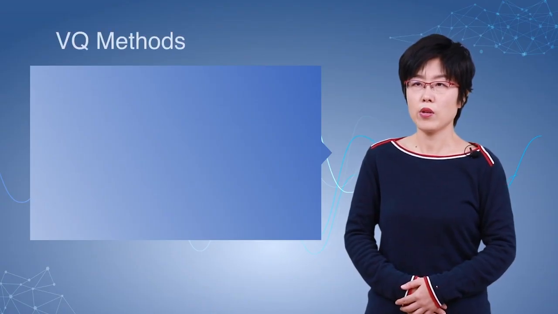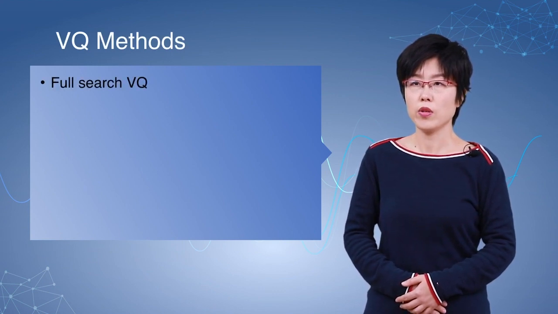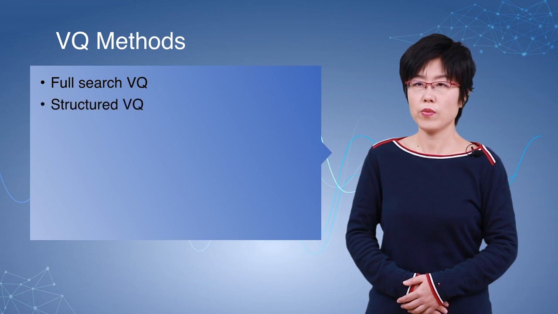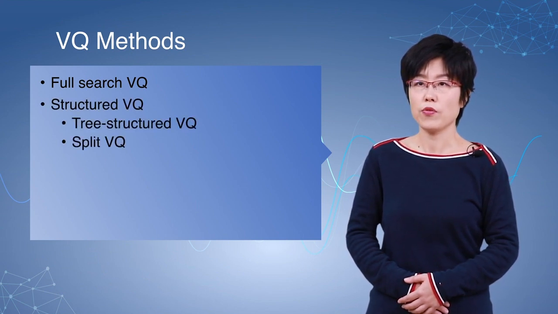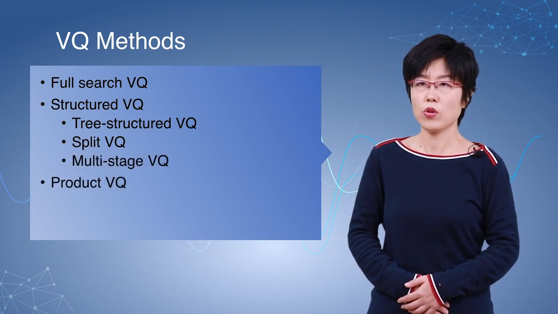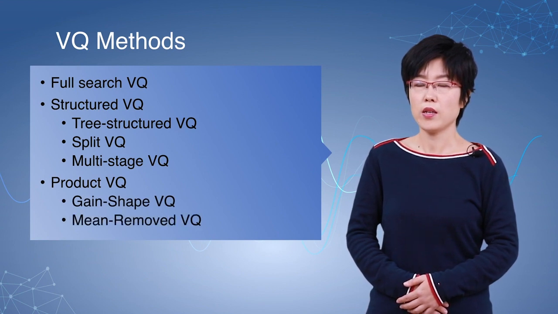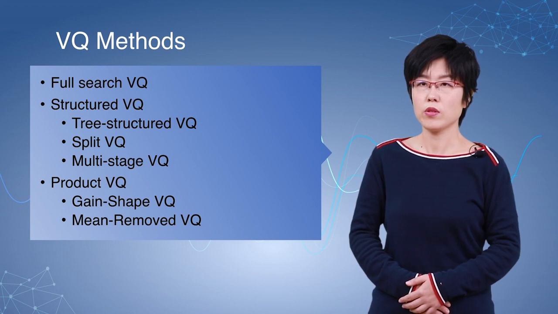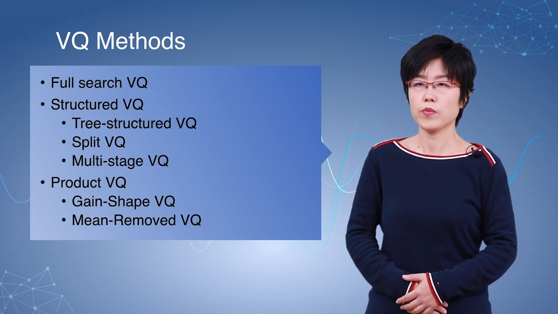There are many variants of VQ methods. The full search VQ is an original VQ method based on the LBG algorithm. For each input vector, compare it with the distortion of the code word in each codebook, and use the code word label with the smallest distortion as the output.